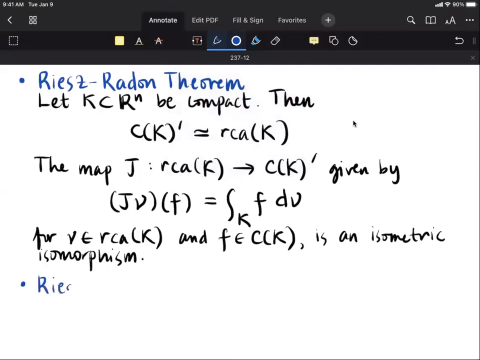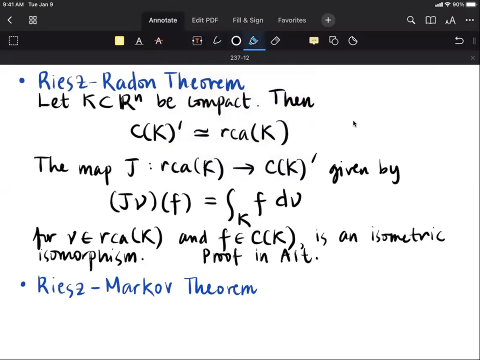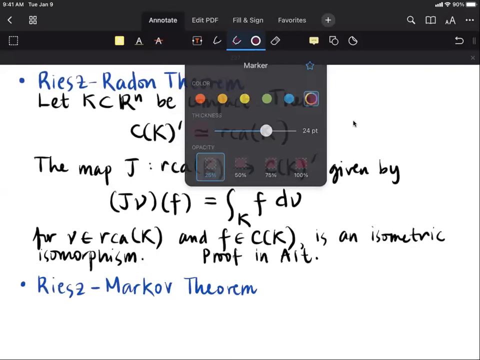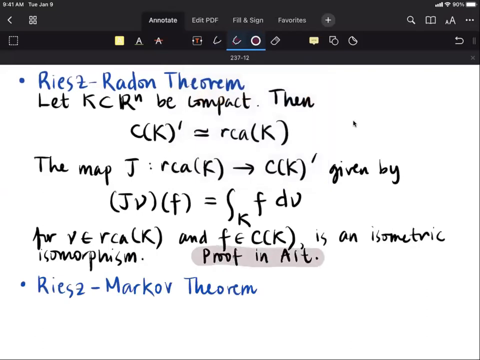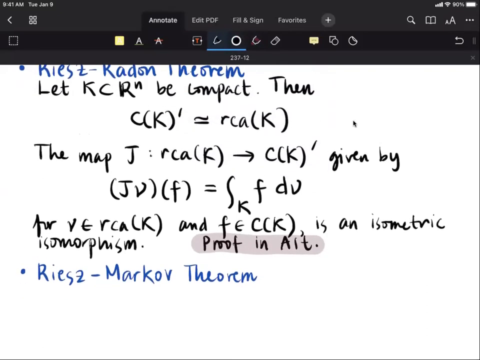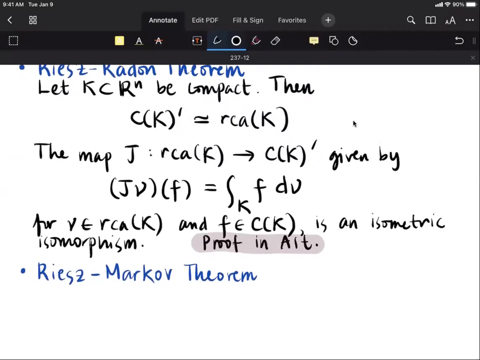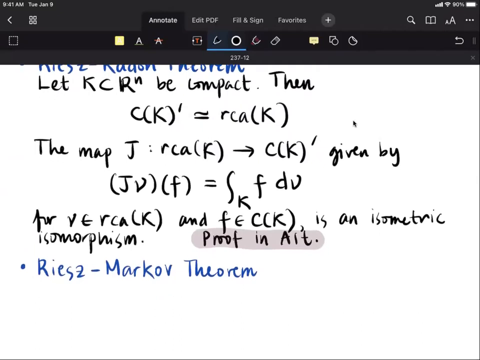Replacing the compact set by an open and bounded set yields the Riesz-Markov theorem. By the way, for the proof of the previous one, you can look the book up. So as I said, replacing the subset K by an open and bounded set.